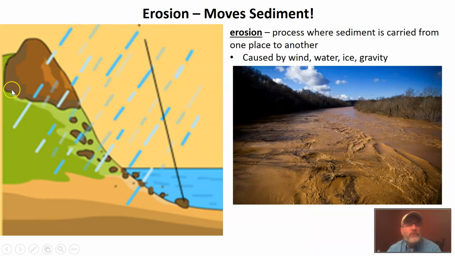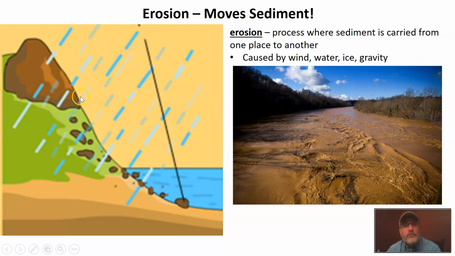Now, let's take a look at our second process. We have these pieces of rock that have been weathered away, broken off. We're going to talk about a process called erosion. Erosion is where sediment is carried from one place to another. Clearly we have all of these small pieces of rock down this hill, and they were broken off of this larger rock up at the top.